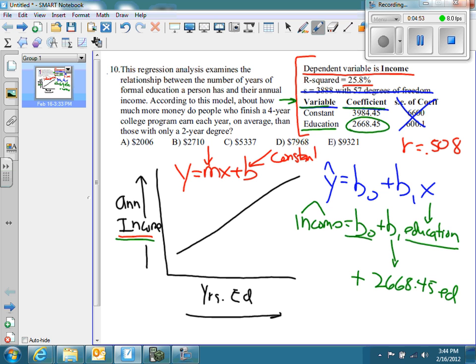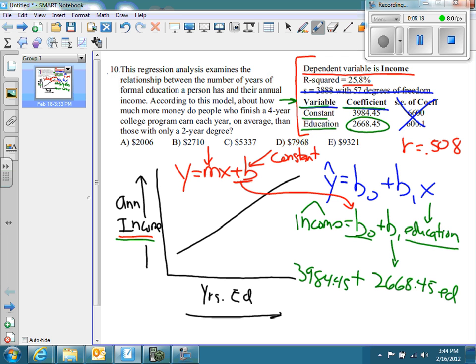And the b in the traditional equation of a line is the same thing as our b sub 0. Because of the old type of computer programming, they call it a variable, but really it's not a variable, it's a constant. They're telling me my constant is 3984.45.